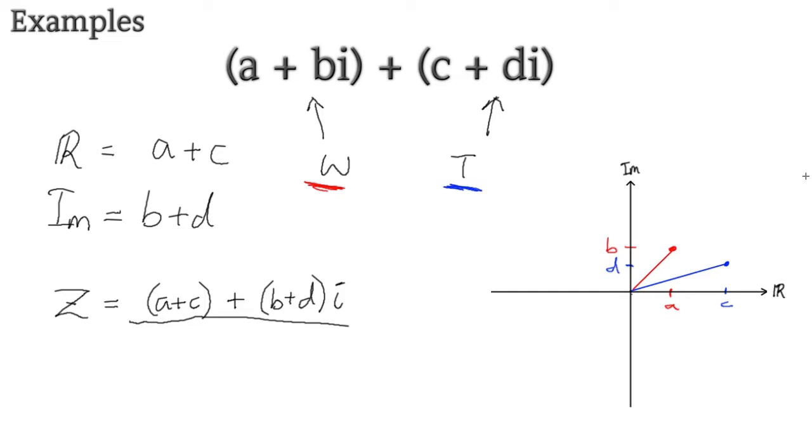But for now, let's take a look. With this setup, we've got a plus bi as w and c plus di as t. And these two points, if we sum them together, it's as if you add the two vectors together.